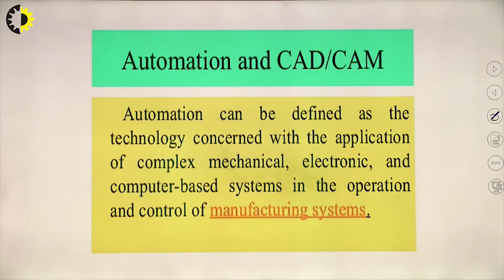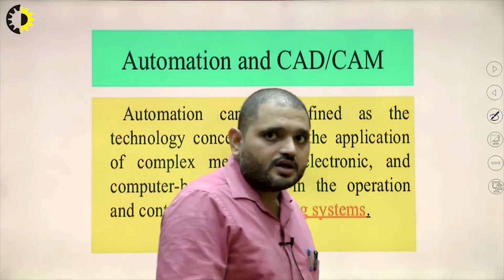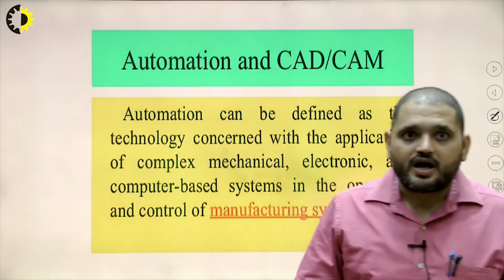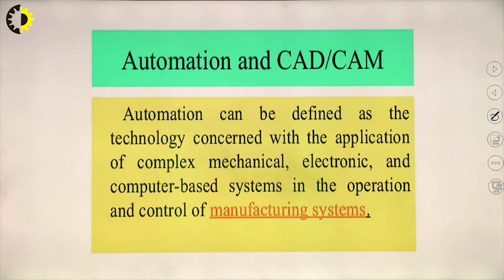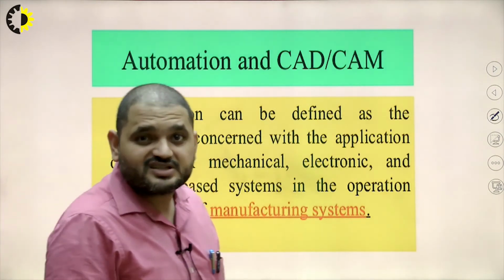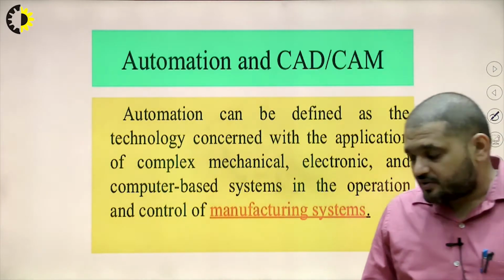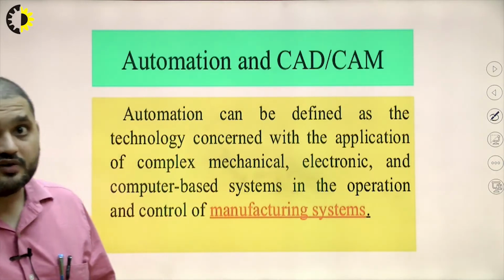Now automation and CAD/CAM. Automation can be defined as the technology concerned with the application of complex mechanical, electronic, and computer-based systems in operation and control of manufacturing systems. And you know, the word automation was first given by Henry Ford, the CEO of Ford company.